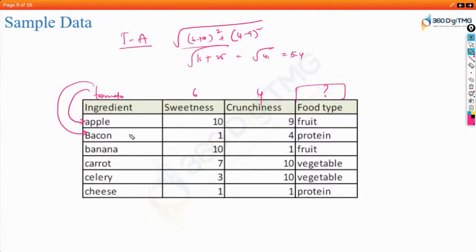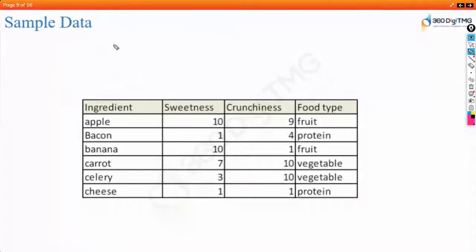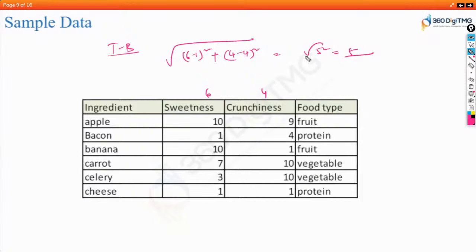Now let's say I'm looking at probably pecan. So tomato, 6, 4, to pecan. (6 minus 1) whole square plus (4 minus 4) whole square. 25, square root of 5 square, you're getting 5.